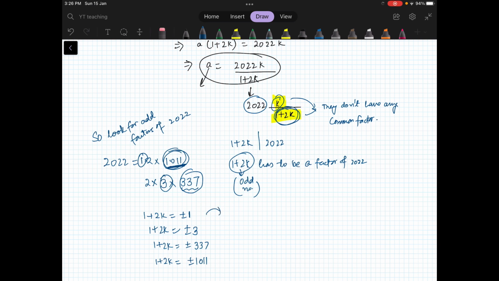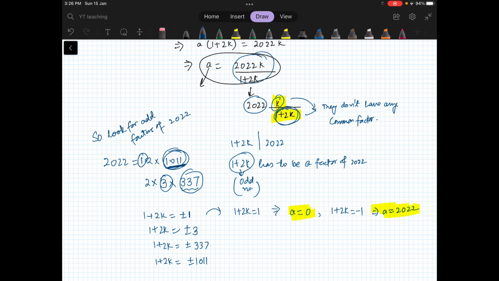So if 1 plus 2k is equal to 1, and you find k and put it here, you can do the calculations and you'll get a equal to 0. When 1 plus 2k is minus 1, that will give you a is equal to 2022. So I get this value and this value.